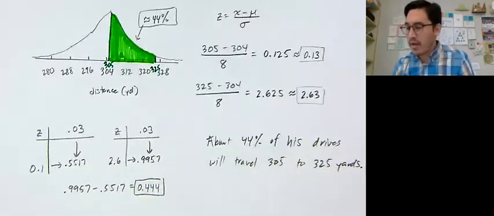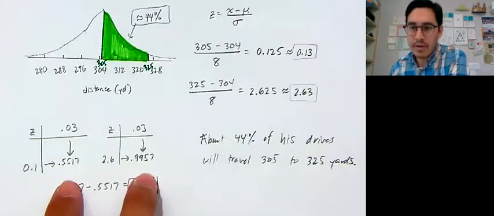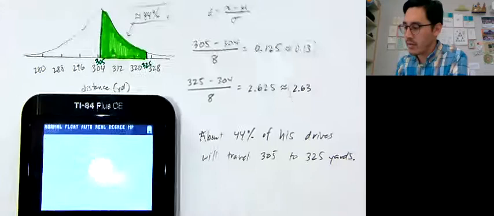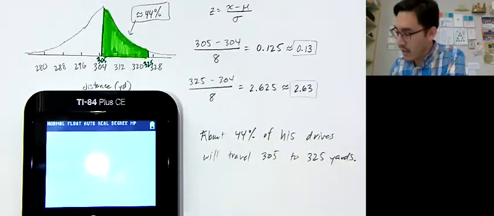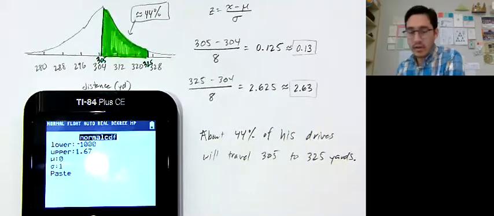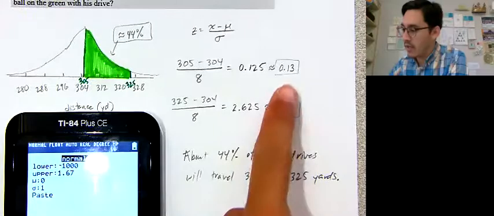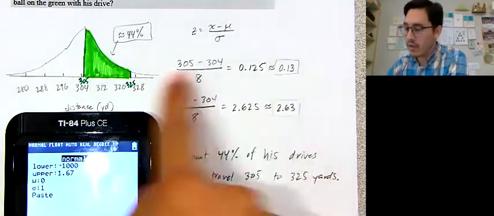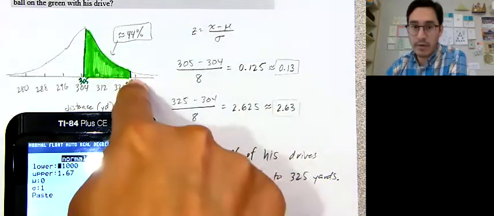All right, so let's say we didn't want to do everything through the table. Let's say we wanted to use that command on the calculator. Here's where there's a little bit of an advantage. We got the z-scores of 0.13, the z-score for the left side, and 2.63, the z-score for the right side.